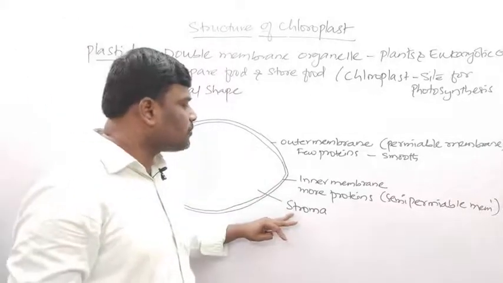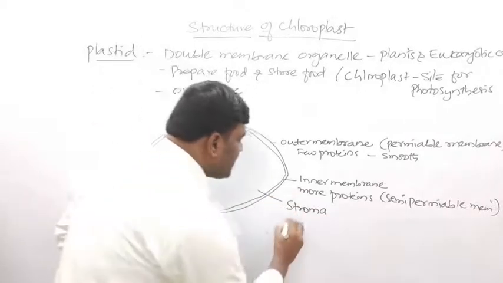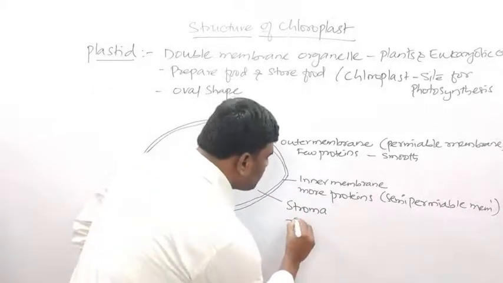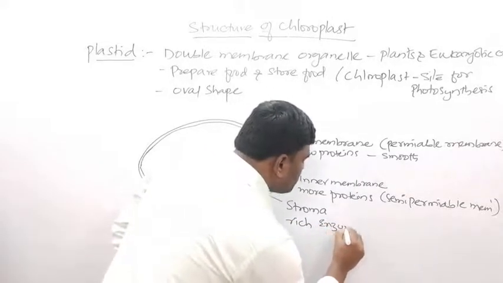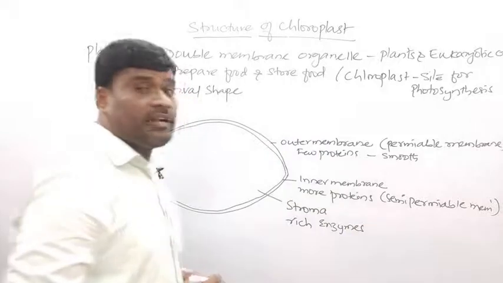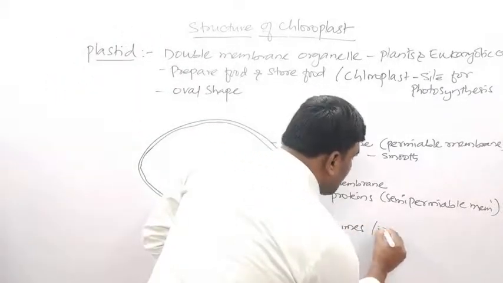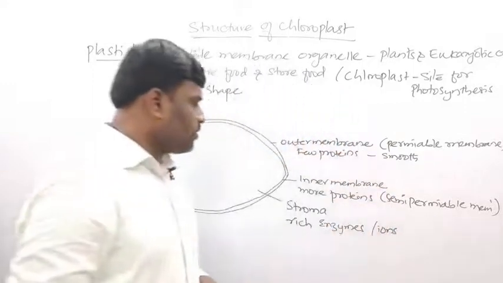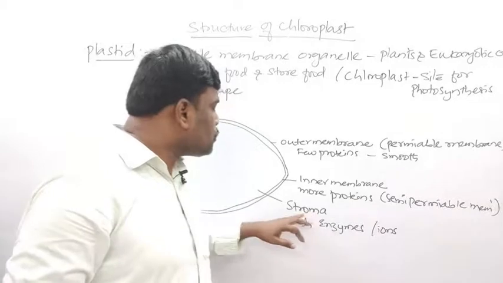We are calling it what, children? Stroma. And this stroma is rich in enzymes. It is rich in what, children? Enzymes. And it is also very rich in ions. So what are the uses of these enzymes and ions in the stroma?